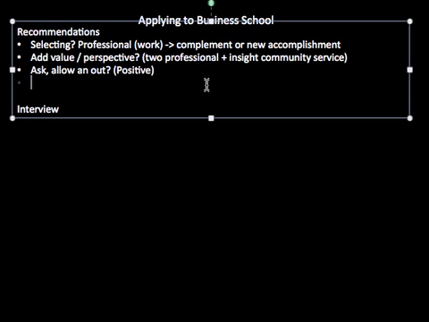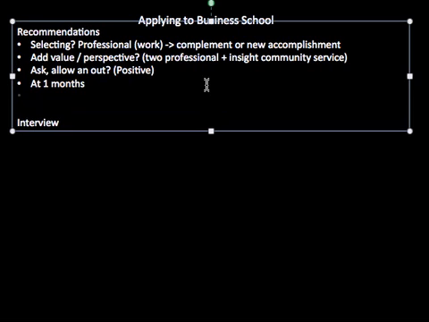So consider that. Also, I would give them at least one month's time. If you ask them even earlier than that, I asked them about 2.5 months before, then there's a greater chance that they will make time to fill out a recommendation for your application. So consider that as well.